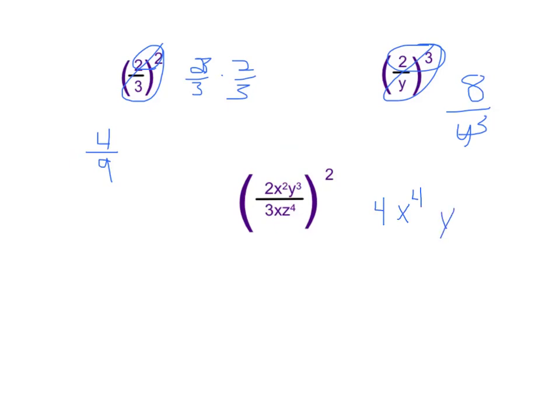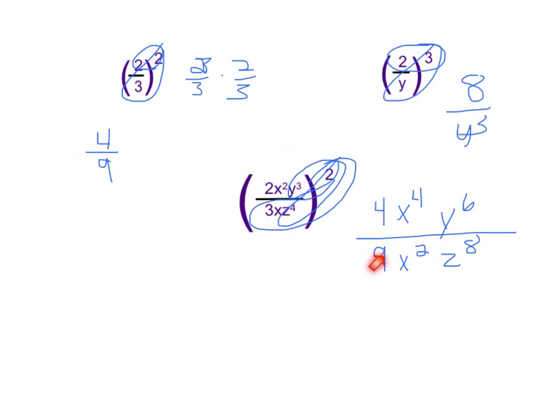And then y to the 6, because when you're raising a power to a power, you multiply the exponents. Over, and then this squared has to go to everything down here too. So 3 squared is 9, x squared, z to the 8th, because when you're taking a power of a power, you multiply. So now I'm going to simplify.